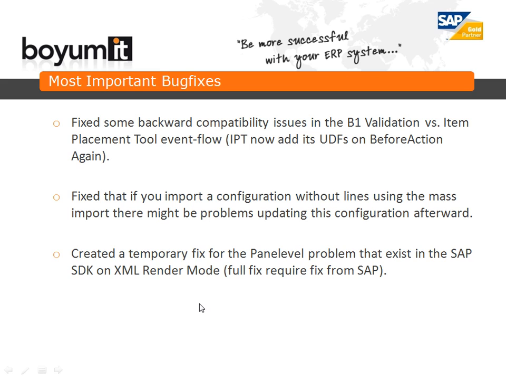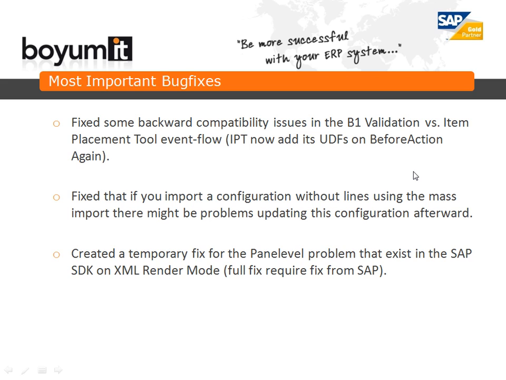They are pretty rare, so you might not have had this problem, but certain specific configuration would have some problems, and they should now be fixed because we have moved UDFs back to before action, which we previously thought it wouldn't be possible to do that.